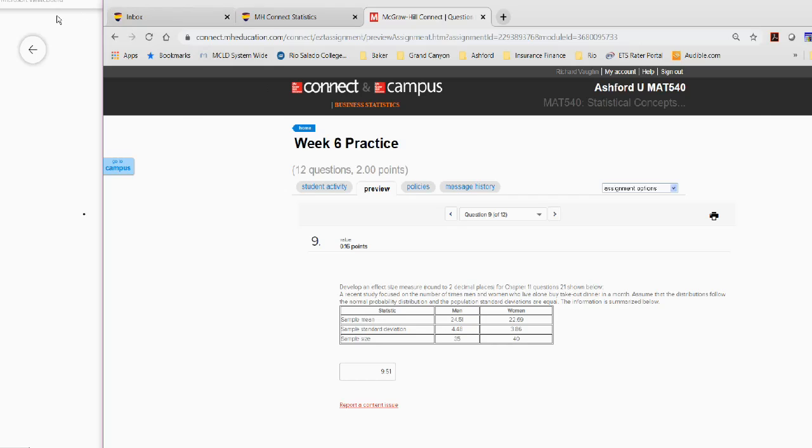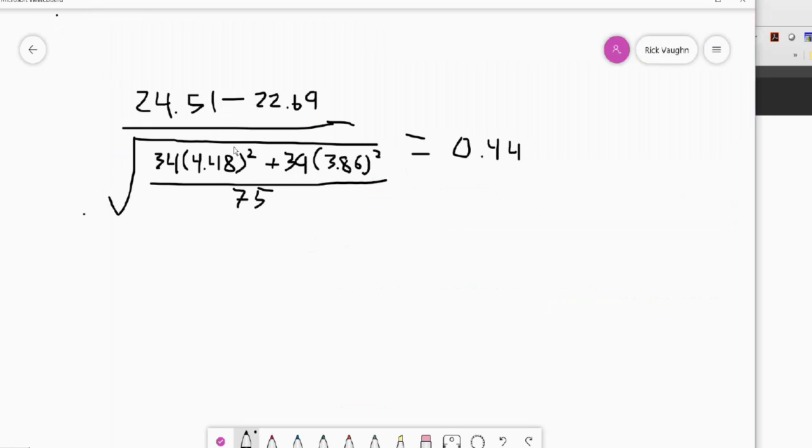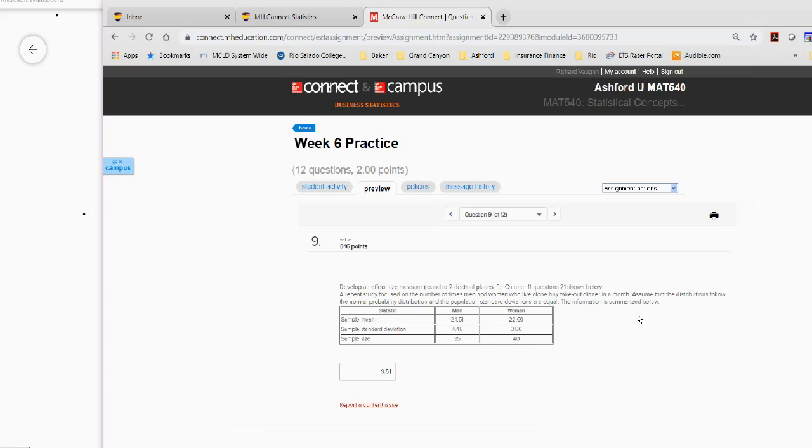So if you take this number, which is around 2, and you divide by something that's around 4, the square root of it, the pooled standard deviation, is around 4. You're going to get something that's around 0.4, 0.5, something like that. So I don't have any idea how they're coming up with an effect size that's so large in this case. It should become smaller than the difference between the means, not bigger.